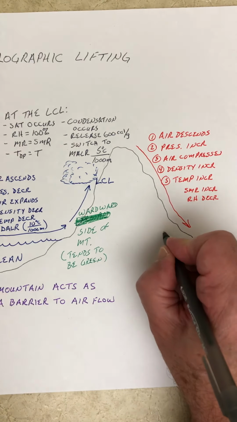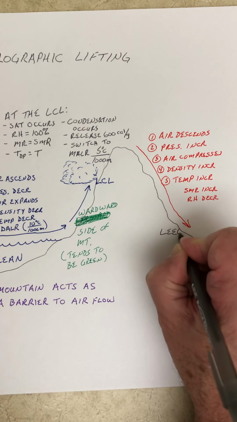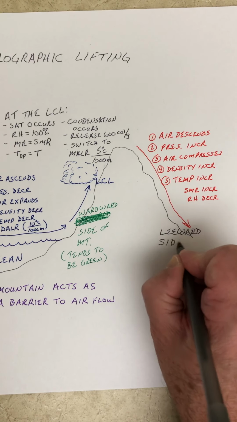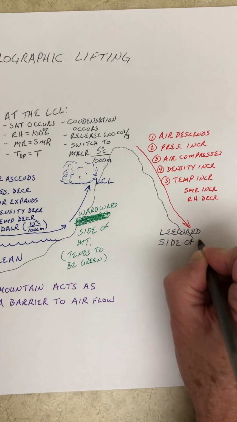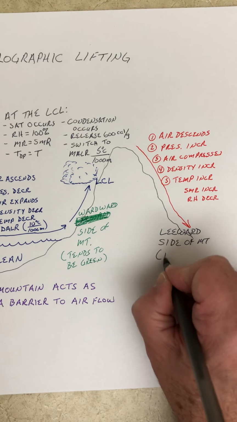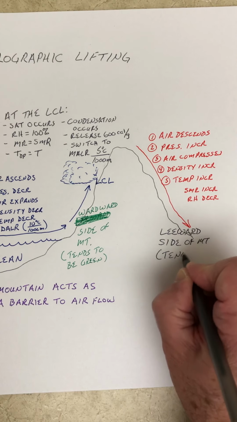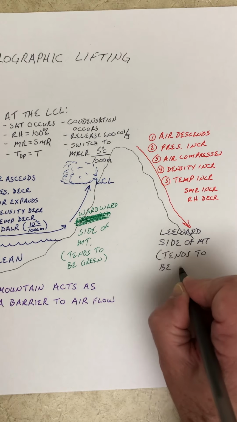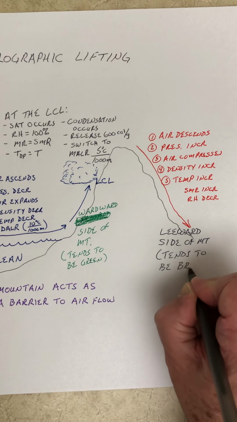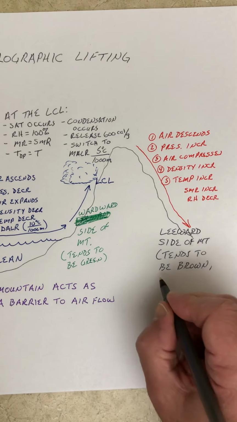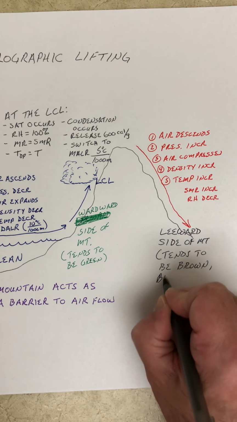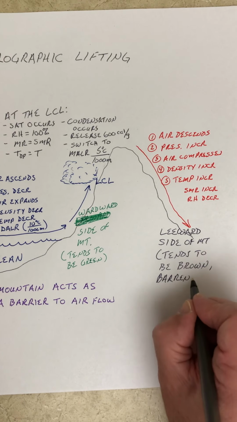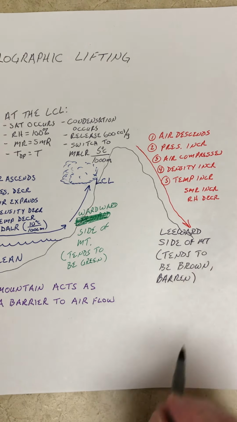The leeward side of the mountain tends to be pretty barren. Pretty brown, pretty barren. Okay, it gets a little moisture, a little precipitation, and so that leads to it being brown.